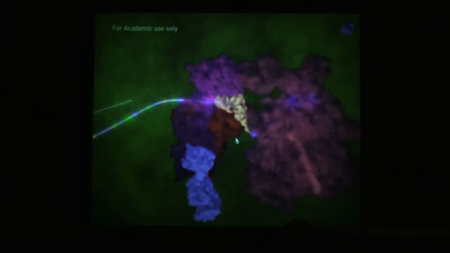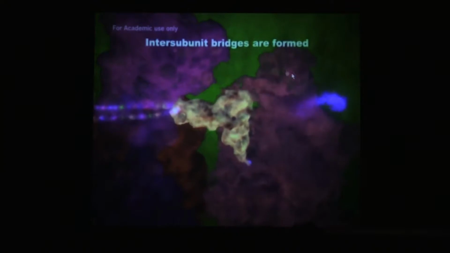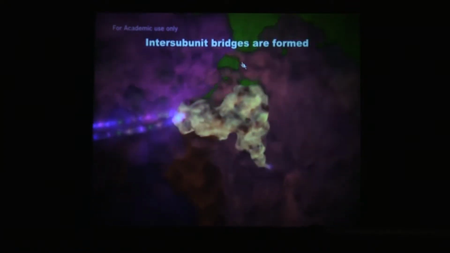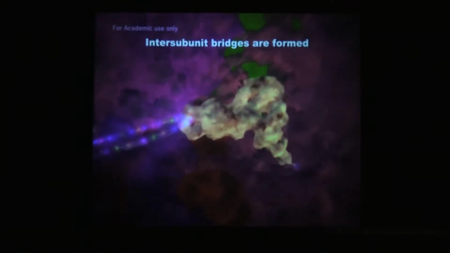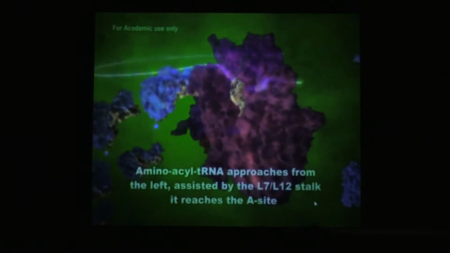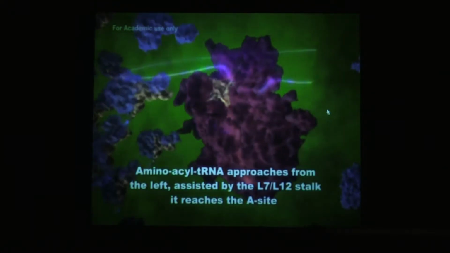You see the tRNA is now in its position, the amino acid is here, and the large subunit comes and associates with the small one by a surface complementarity, but also makes chemical bridges by conformational changes. Here are bridges that are made, 13 of them. So now we have an active ribosome, and we can look at it from solvent side.